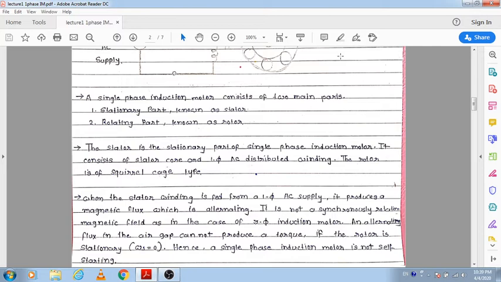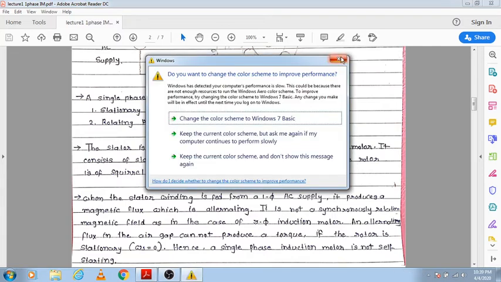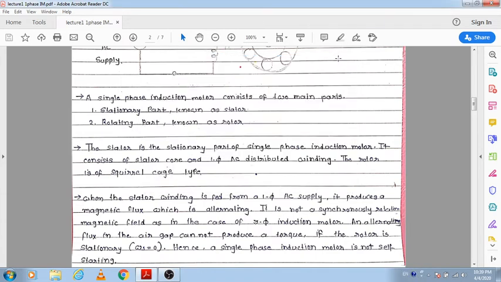In the single phase induction motor, the alternating flux in the air gap cannot produce a torque if the rotor is stationary, that is, omega s equal to 0. Hence the single phase induction motor is not self-starting. We know that in the three phase induction motor, three different windings and three different phases generate three different magnetic fields, and together they form the rotating magnetic field.